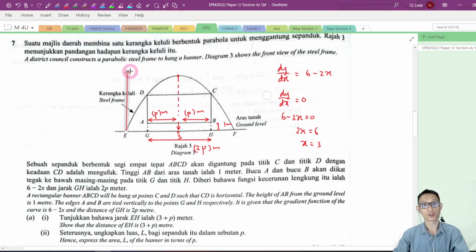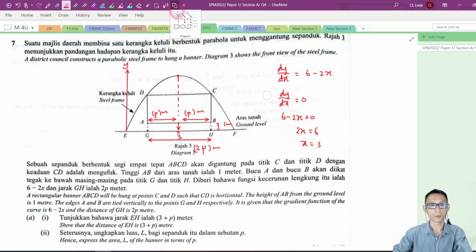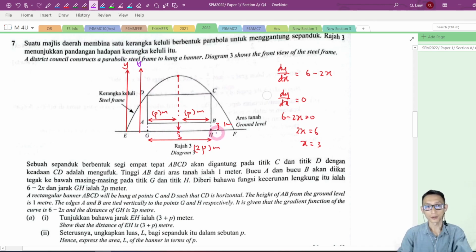If the y-axis is not here, and the x coordinate here is 3, and this is p meter, then the distance of E and H will not be 3 plus p meter. Let me draw another y-axis for you. Let's say the y-axis is over here. This is 3 meter, this is p meter, right?